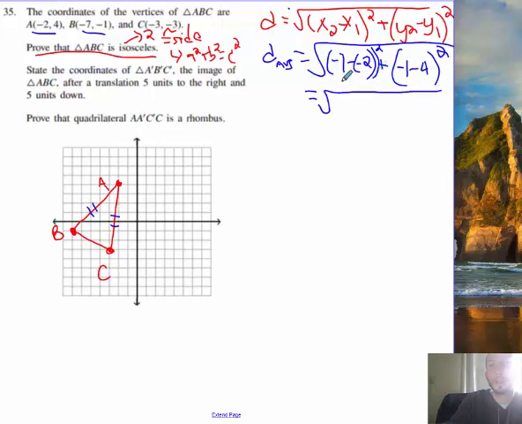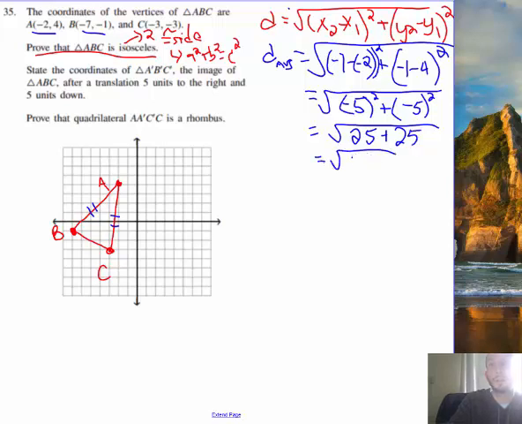Just working through this. -7 minus -2 is -7 plus 2, which is -5 squared, plus -1 minus 4, also -5 squared. Negative times a negative is a positive, so we get 25 plus 25. And we get that the length of AB is the square root of 50.